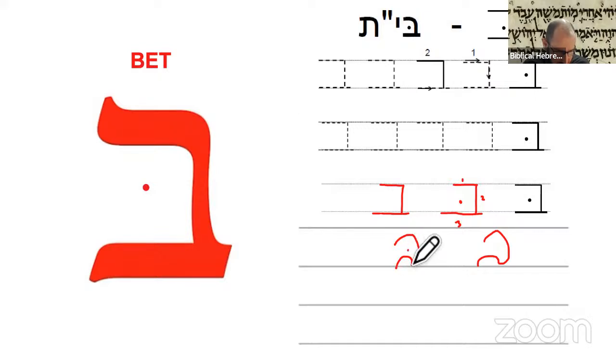And this is Bet, and this is Vet. And also, let me tell you how we write Aleph. This is modern Aleph: half a circle with a line down, Aleph. Anyway, we're going to concentrate today on Bet.